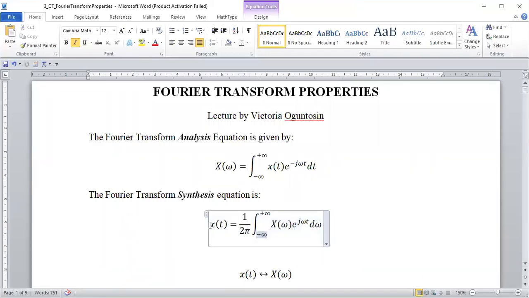Basically, a non-periodic signal can be broken down as a linear combination of complex exponentials, where X of omega is the complex amplitude of these exponentials, and is given by this integration.